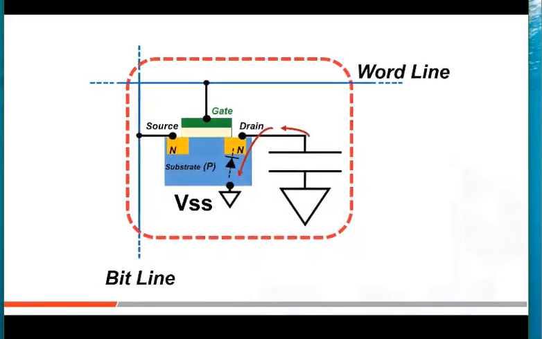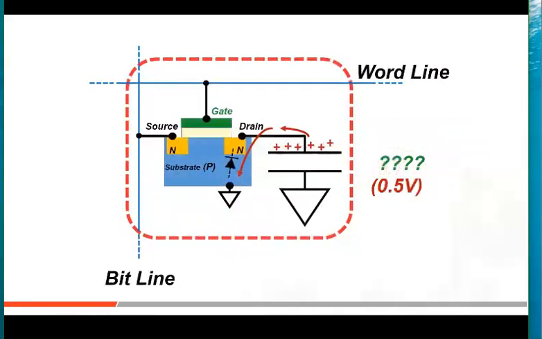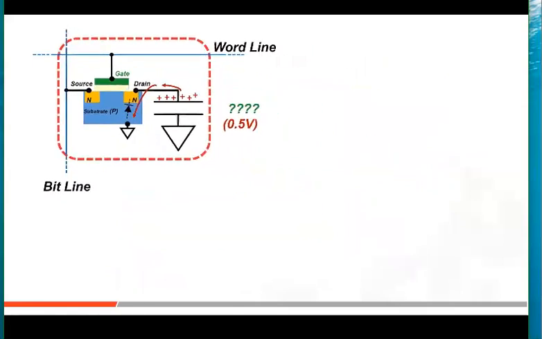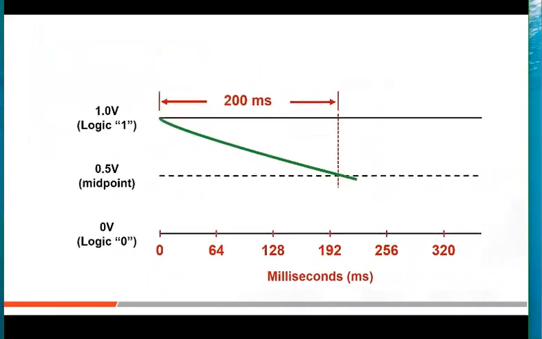Here the capacitor will discharge after some finite time and fall below the midpoint, 0.5 volts in our example. Let's say that finite time is 200 milliseconds in our case, or 0.2 of a second. So this memory cell's capacitors need an occasional recharge to retain their memory value.